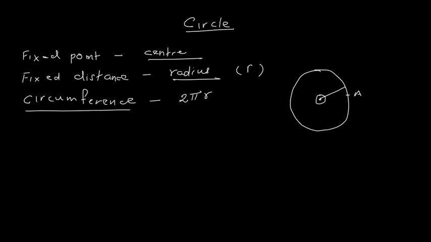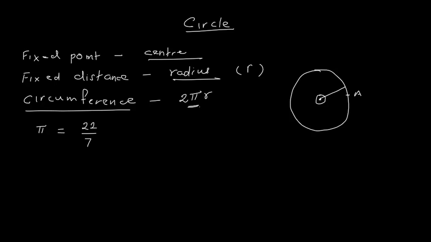Now here this pi stands for a value 22 divided by 7. Now this 22 divided by 7 is the approximate value of pi. Pi is an irrational number. Its value is 3.14... So the value is irrational, but its approximate value which we can take is 22 upon 7.